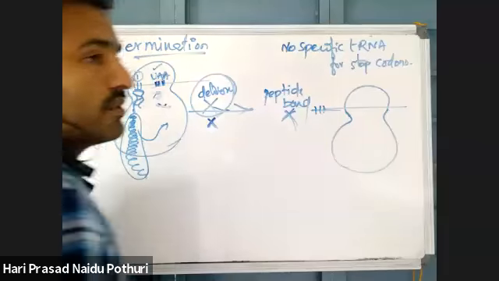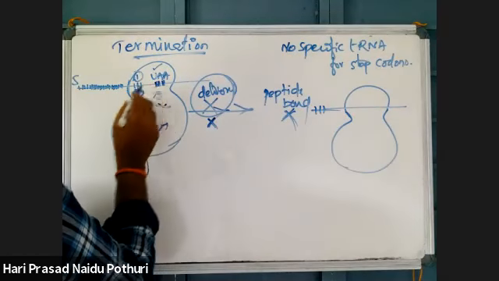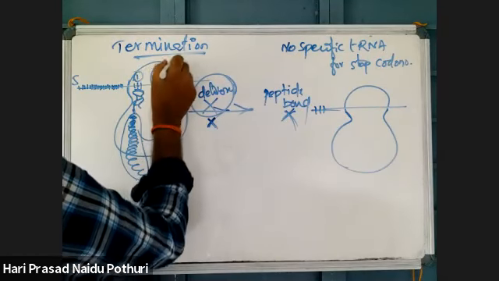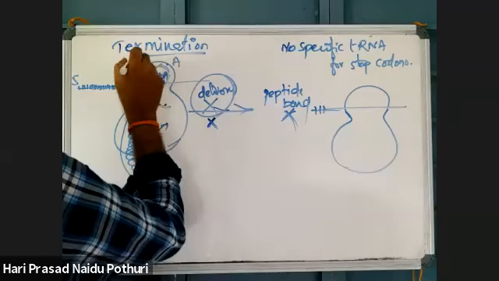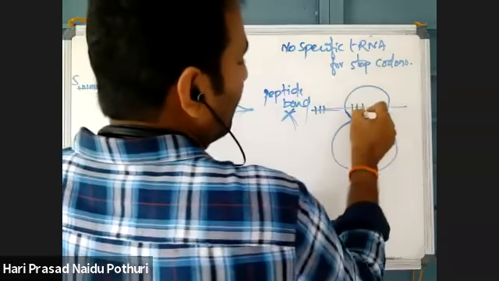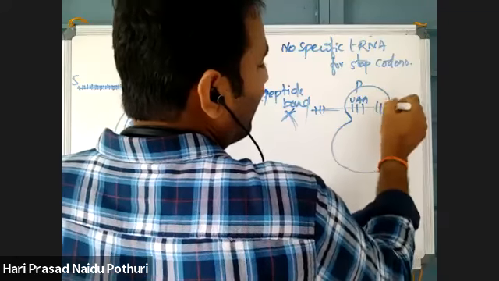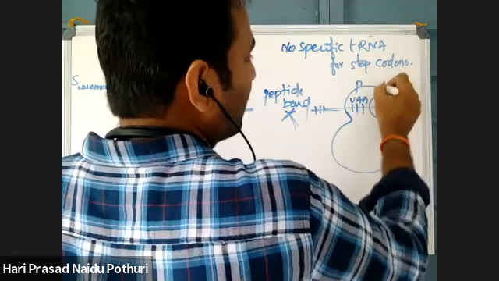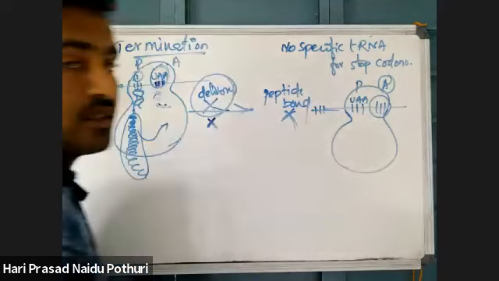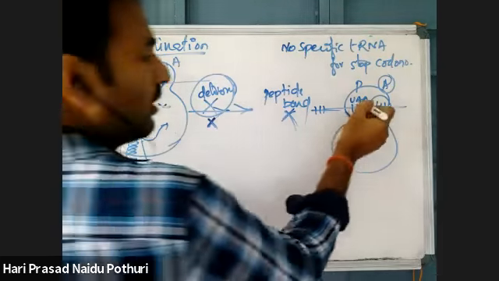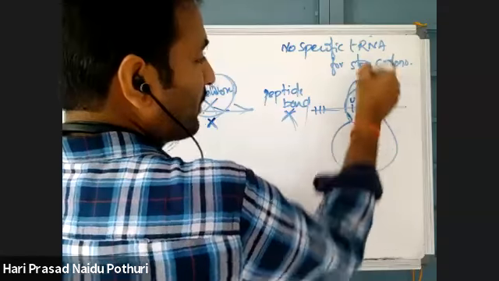translocation is taking place. When translocation takes place, UAA, which is actually in the A site, will now come to the P site. If any further mRNA is there, that will come into the A site. No problem. But UAA occupied the P site.